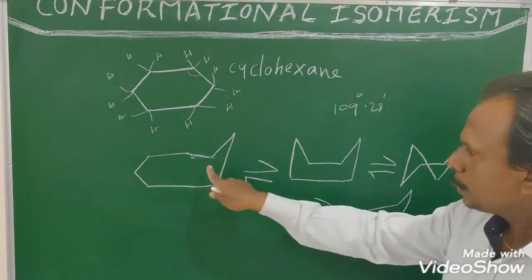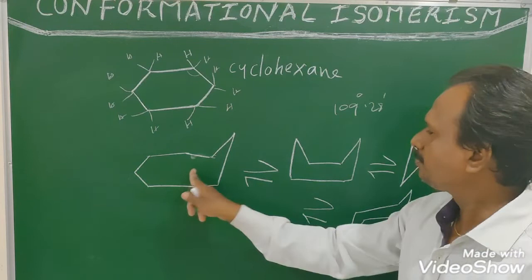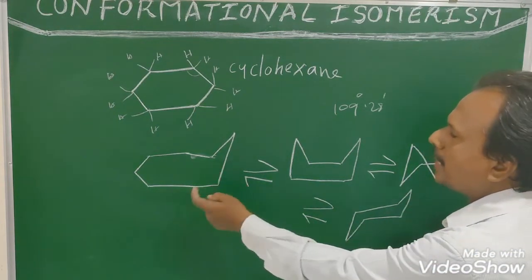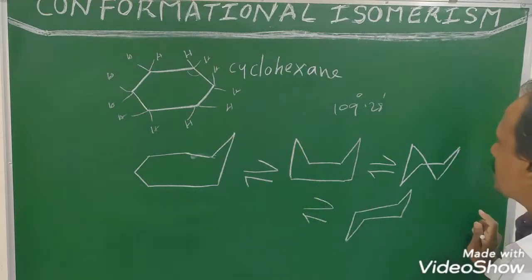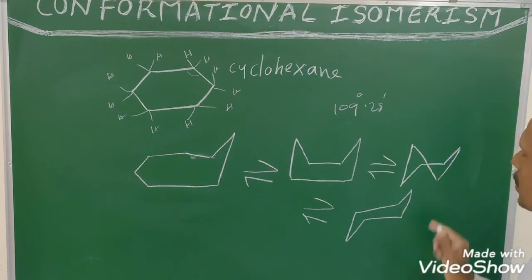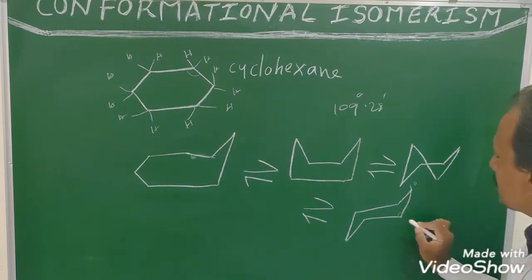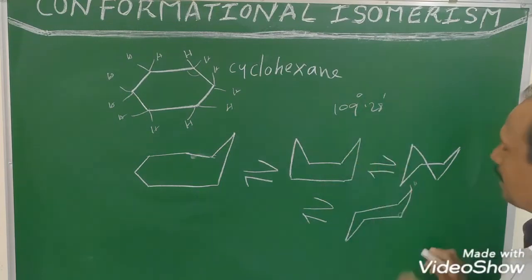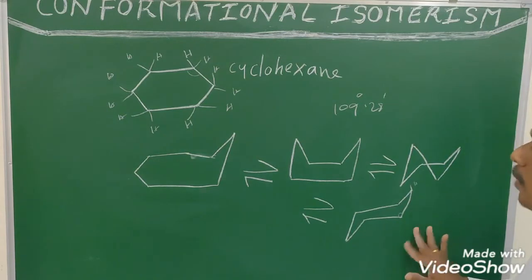Finally, to reduce the spherical strain and angle strain, it is converted from half chair to boat, to twist boat, to chair conformation. In the chair conformation, there are minimum repulsions and the bond angle is nearly equal to the ideal bond angle. So cyclohexane exists as a chair conformation. It is the stable one.